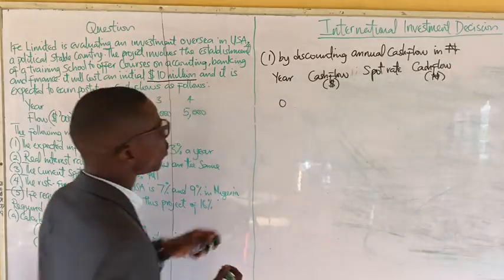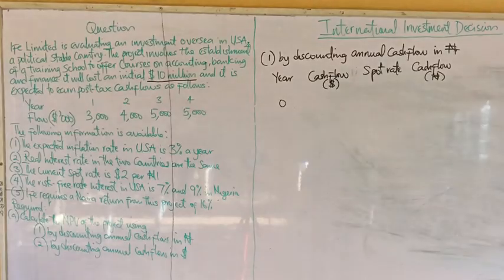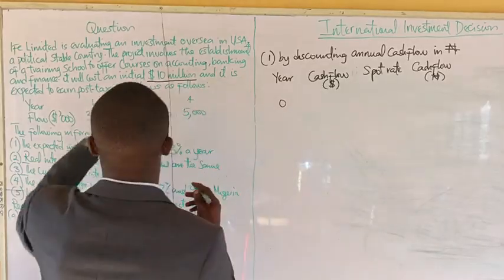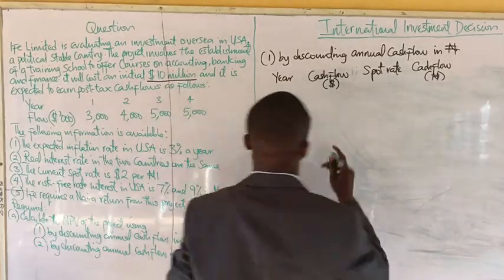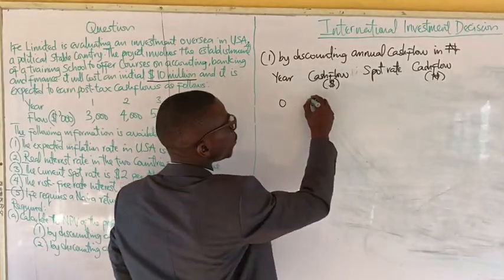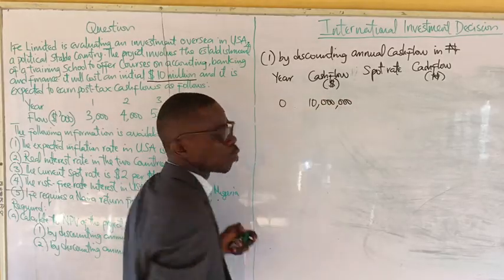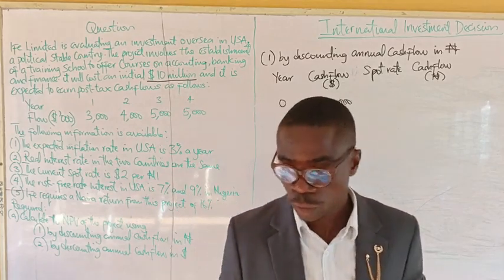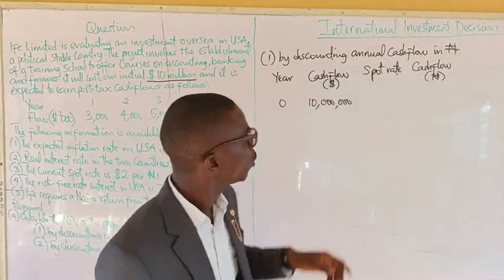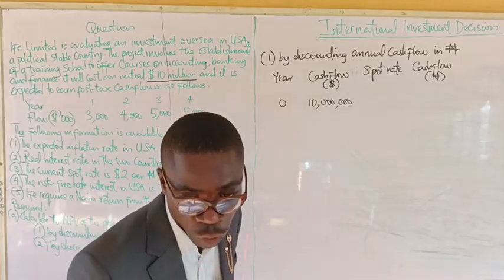So what is the initial outlay? $10 million. What's the spot rate in year 0?